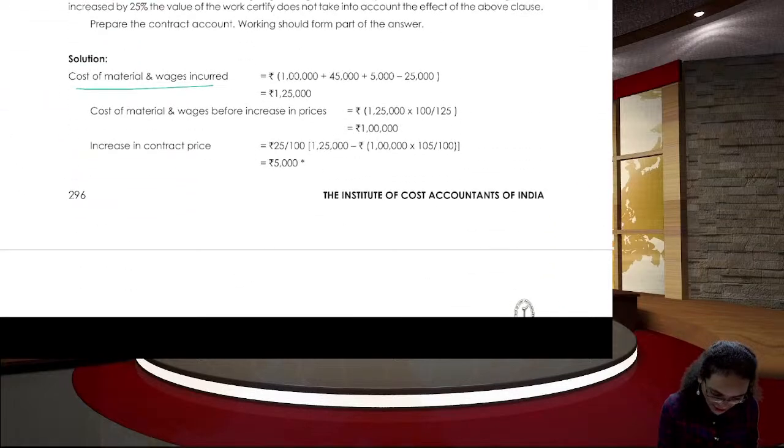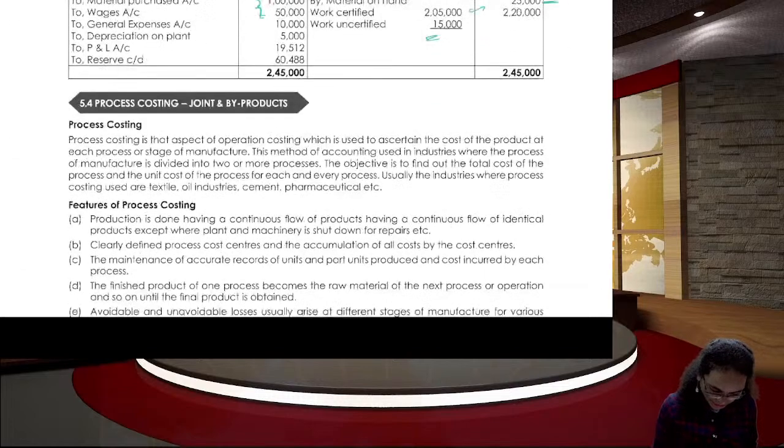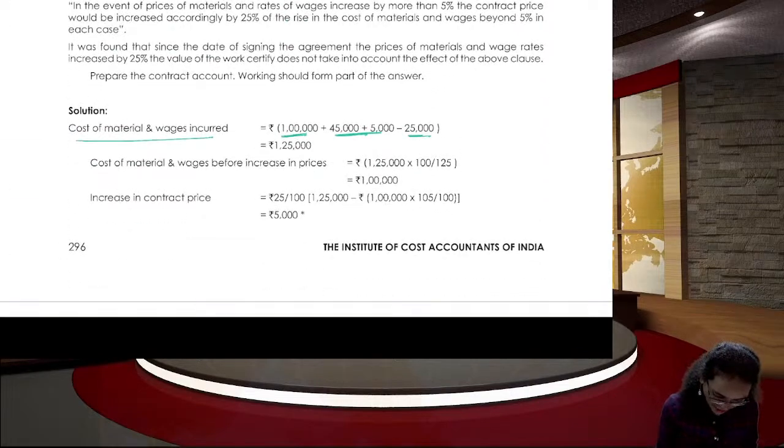So 1 lakh plus 50,000 minus 25,000 is 1 lakh 25,000, the cost of the material and wages we have incurred.